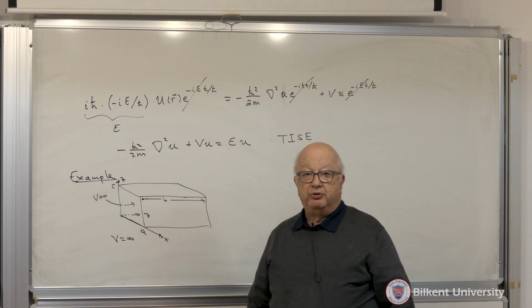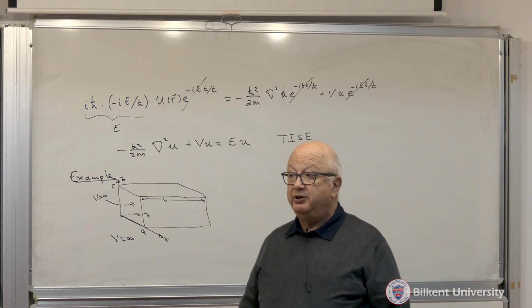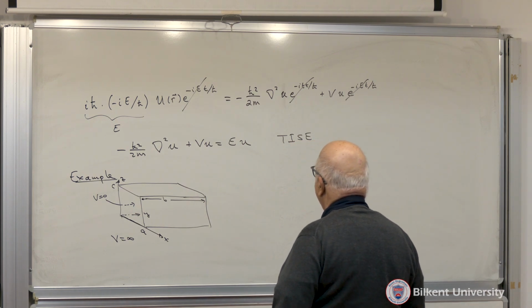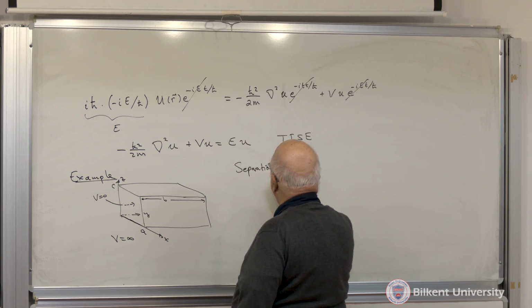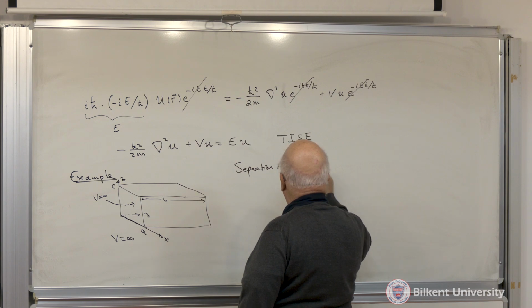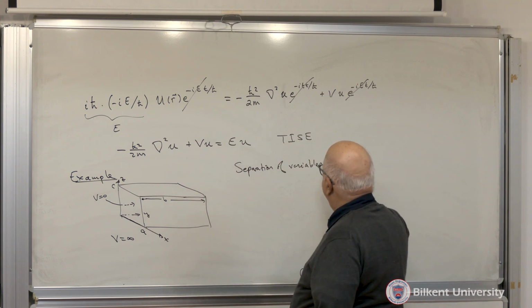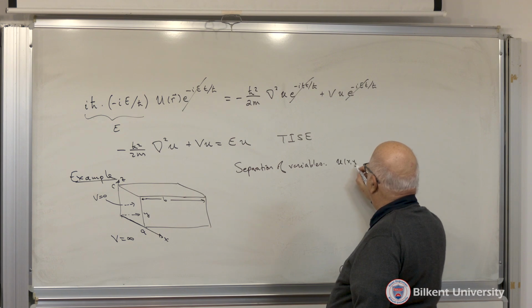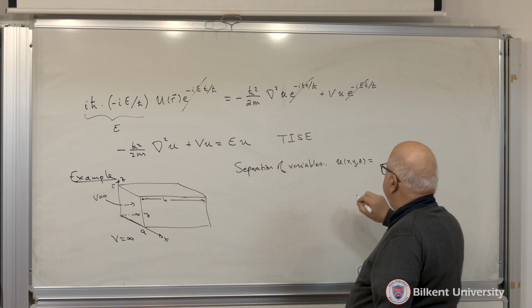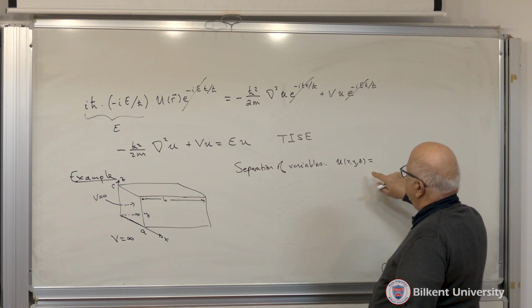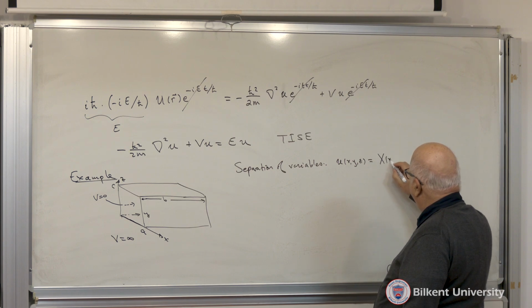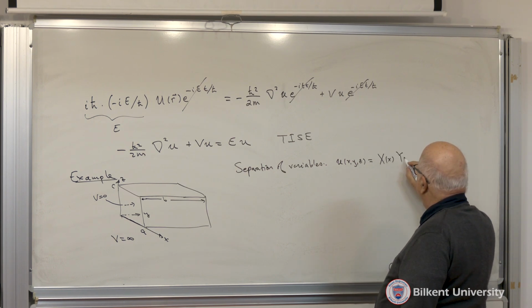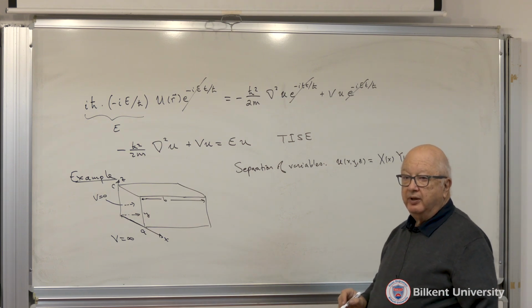Well, again, we use our standard approach of separation of variables. Separation of variables means that in this coordinate system, this u of x, y, z, the solution is going to have the form capital X of variable x only, capital Y of y, capital Z of z.